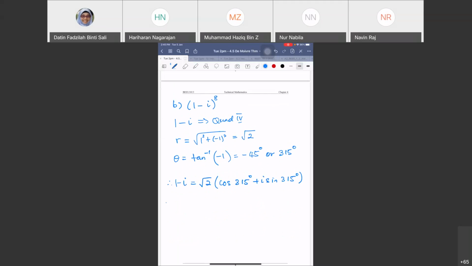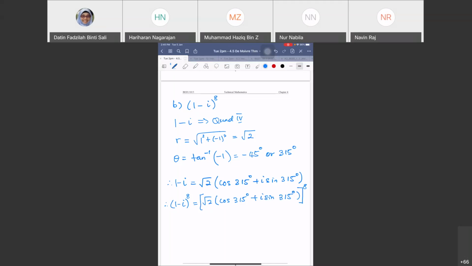Now what we want is to take care of the power 8 on this complex number. That means we are going to raise the whole thing to power 8.